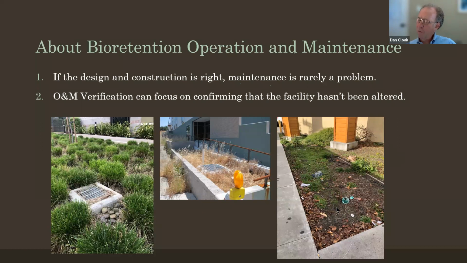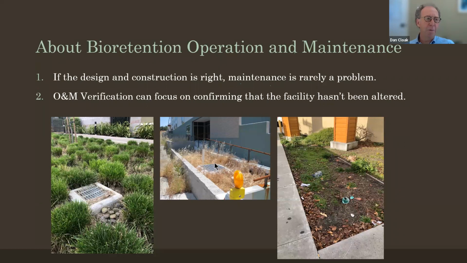That's among the reasons as well. If that had been a concrete catch basin set at the right elevation there, first of all, it probably wouldn't have been hit. And if it had been hit, it wouldn't have been moved. So again, the design and construction need to be right, and then maintenance is rarely a problem. And then the O&M verification process, really the key is, yeah, you've got to pay attention to them.